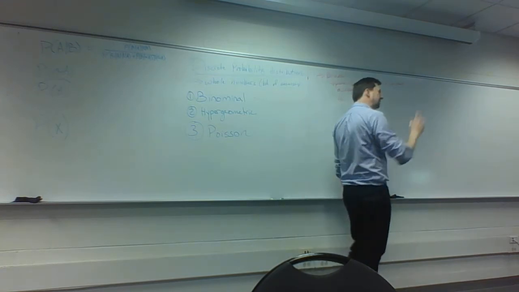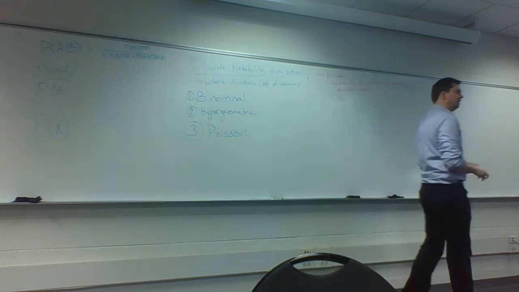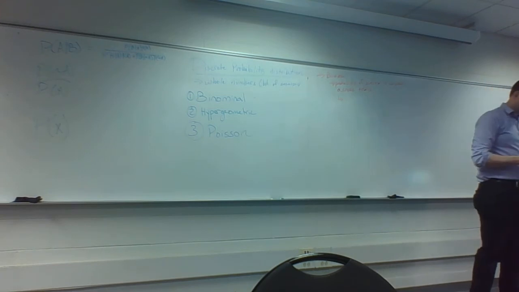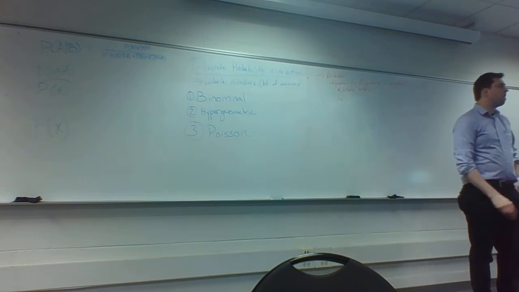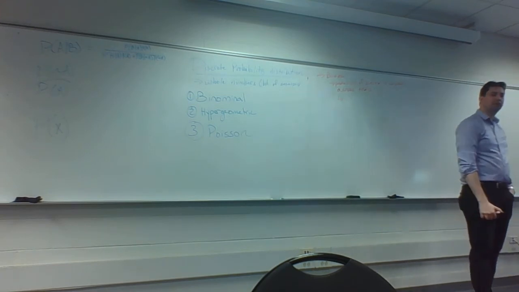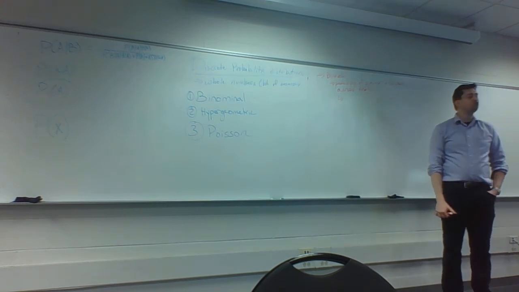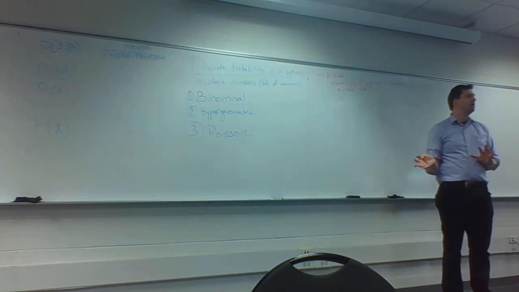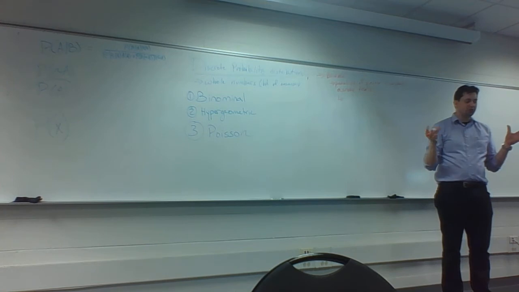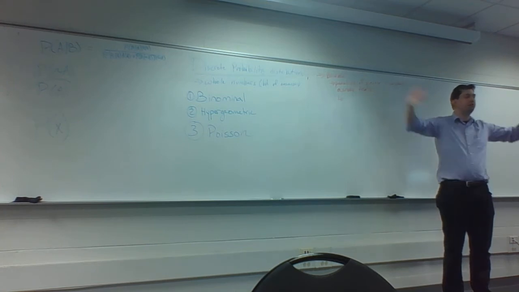We have one little wrinkle in that. The probability of success can be treated as the same if the sample size, the number of trials, is small compared to the population.